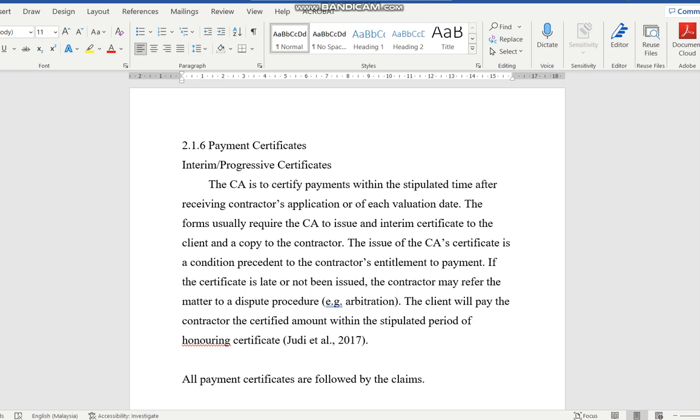So these are the general points, the contractual terms that we use for our money, how we pay. In any contract, this is one of the most important things: payment. The contractor will need to fund your project.